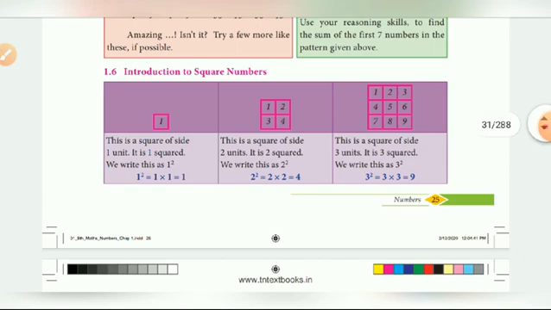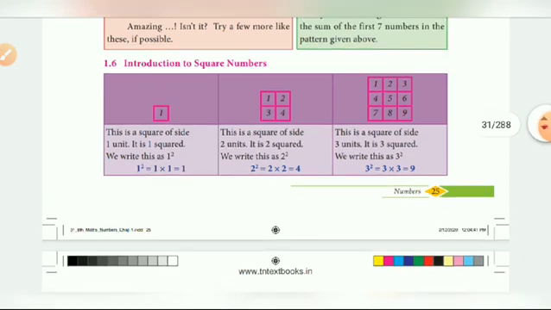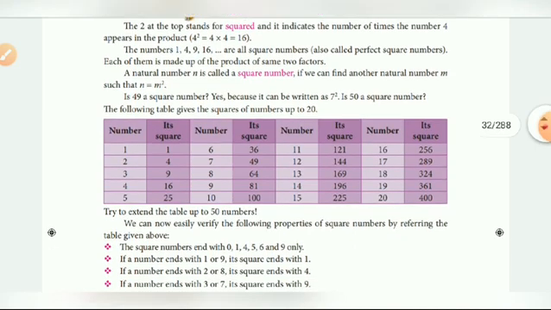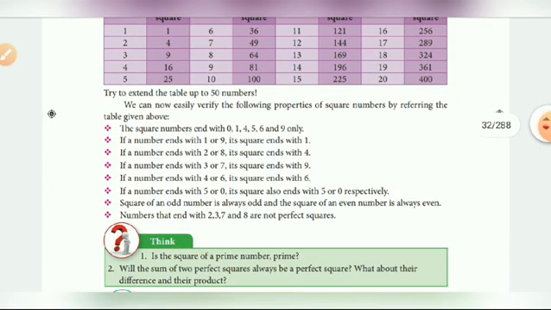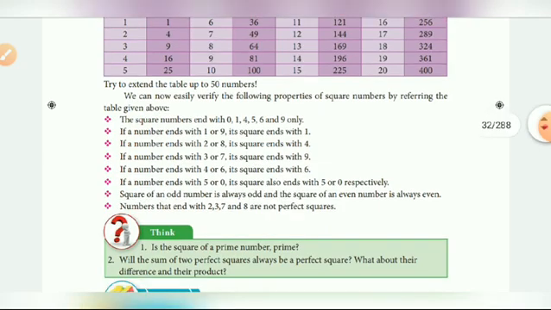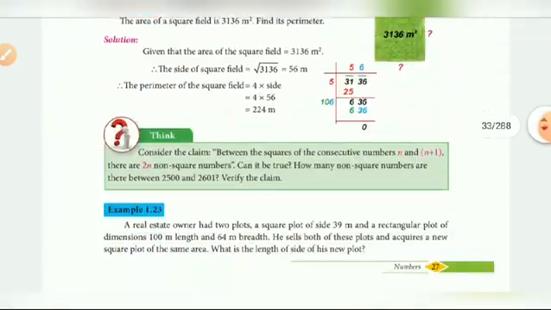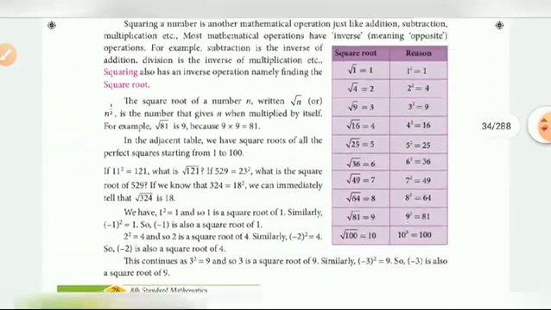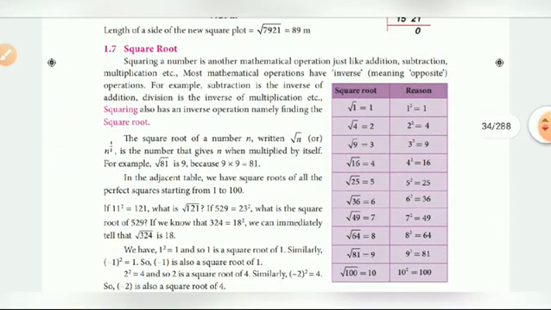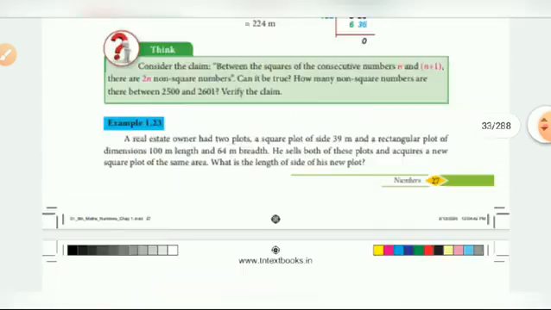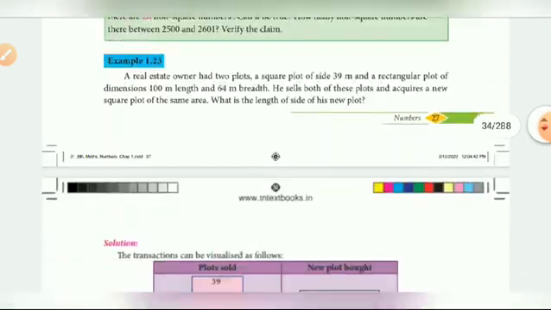First, we started with the introduction of square numbers, and the next one, square number table up to 20, and next some basic properties of square numbers. The next one, some more special properties of square numbers, and the next, introduction to the square root and how to find the square root of a number. Square root is nothing but the inverse operation of a square number. And next, two more examples, example 1.22 and example 1.23.